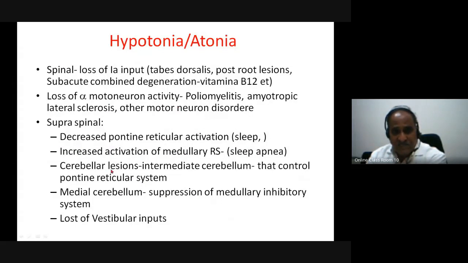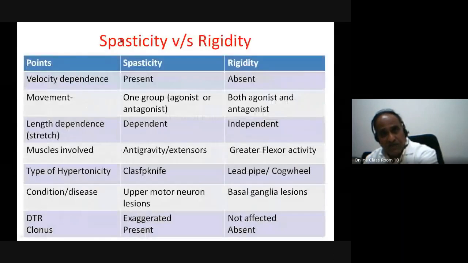Cerebellar lesions will produce the atonia. The medial cerebellum suppresses the medullary inhibitory system. Increased medial cerebellar activity may suppress it, and even a loss of vestibular inputs will also produce it. These are some of the causes of hypotonia.